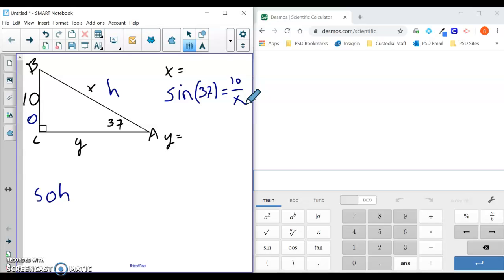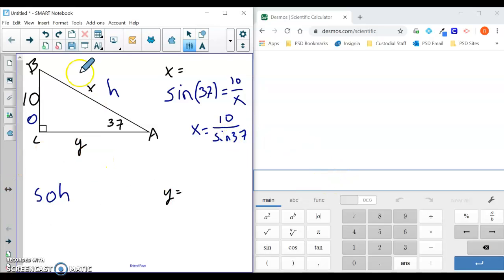And just from the trick that we saw last time, I know that the x can be on the bottom now, and so these two are just going to switch. And so I can say x equals 10 divided by the sine of 37.